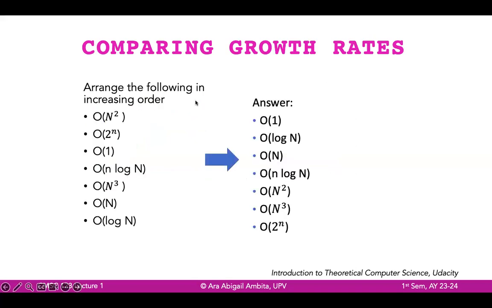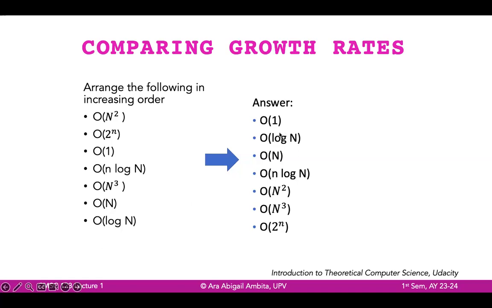Okay? So if we arrange the following in increasing order: O of n squared, O of 2 raised to n, O of 1, O of n log n, O of n cubed, and O of n. So what would be the answer? So it would be the constant, which is O of 1, and then followed by O of log n.